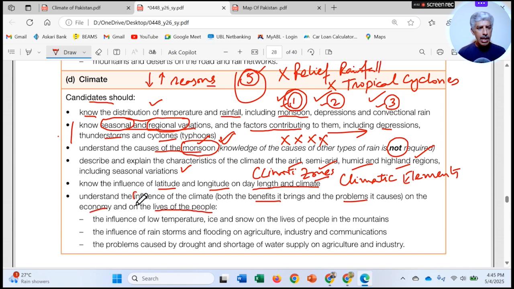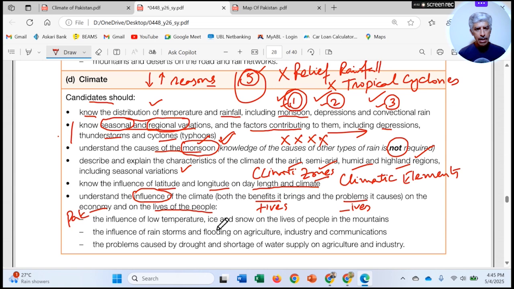So now we are going to talk about the influence of the climate, including the positives and the negatives, on the economy of Pakistan and the lives of the people here.